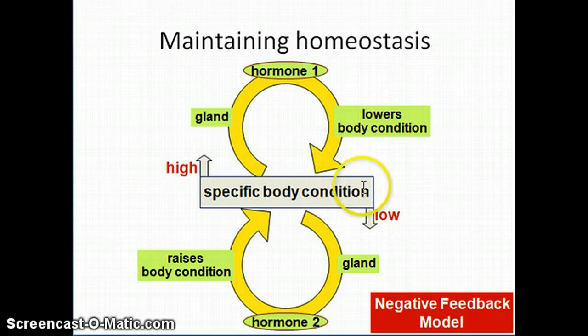In contrast, if the condition falls below what it should be, we could have either the same gland or a different gland release a different hormone, which will raise that body's condition back to the set point. So we have a coordination of different hormones acting in a negative feedback loop in order to maintain homeostasis.